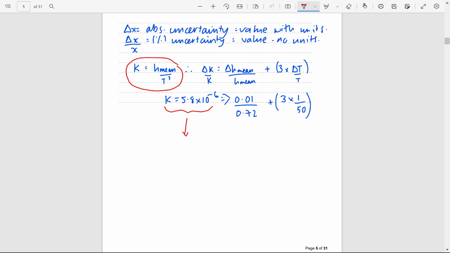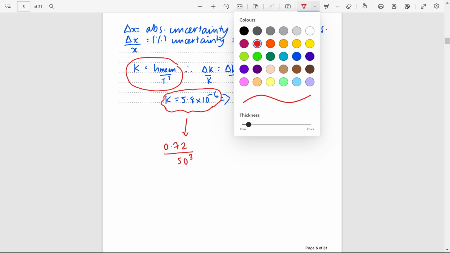All right, so I did this earlier in my calculator. So that value of K is 0.72 H mean divided by 50 cubed. Okay, so that's that number here. So that's the value of K.